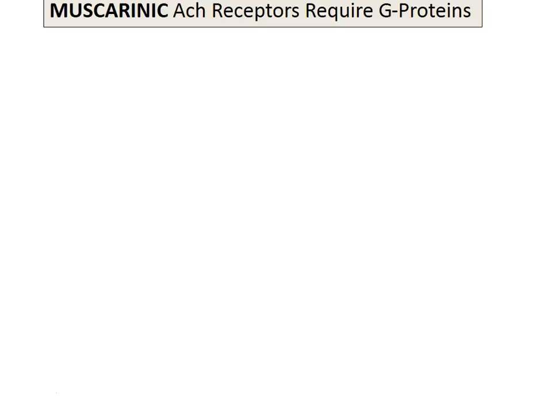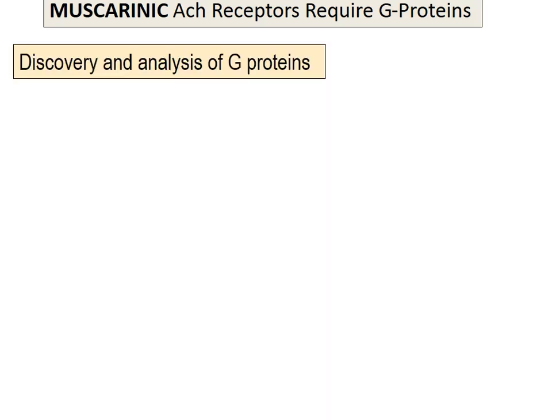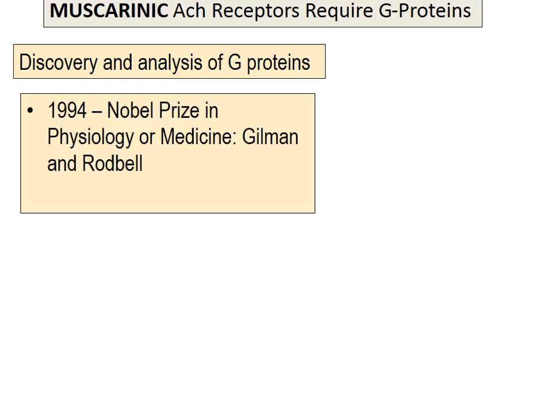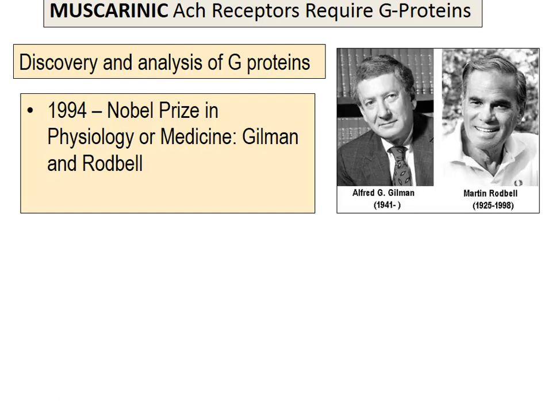the muscarinic acetylcholine receptor is not an ion channel. And so the muscarinic acetylcholine receptor makes use of what are called G proteins. The Nobel Prize in 1994 in physiology or medicine was awarded to Gilman and Rodbell, who discovered the G proteins.